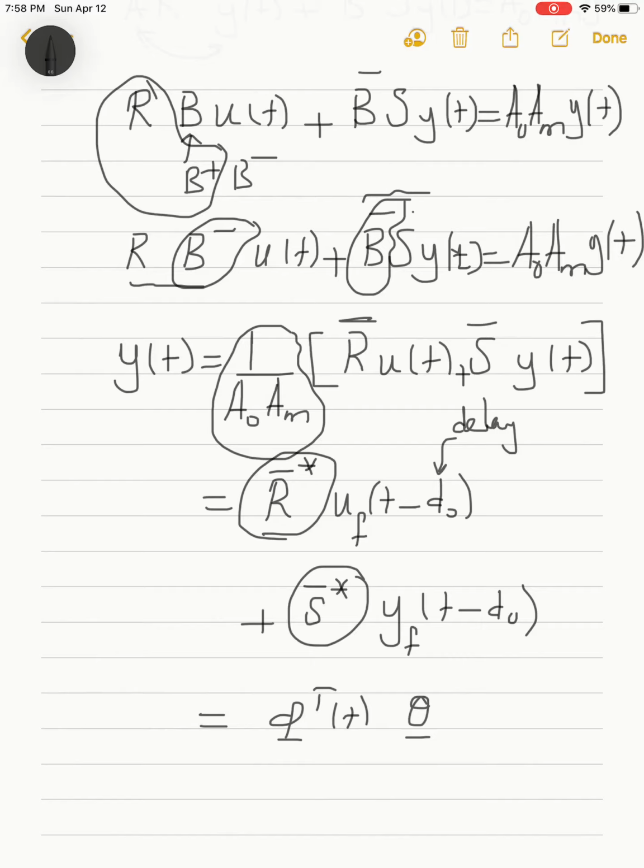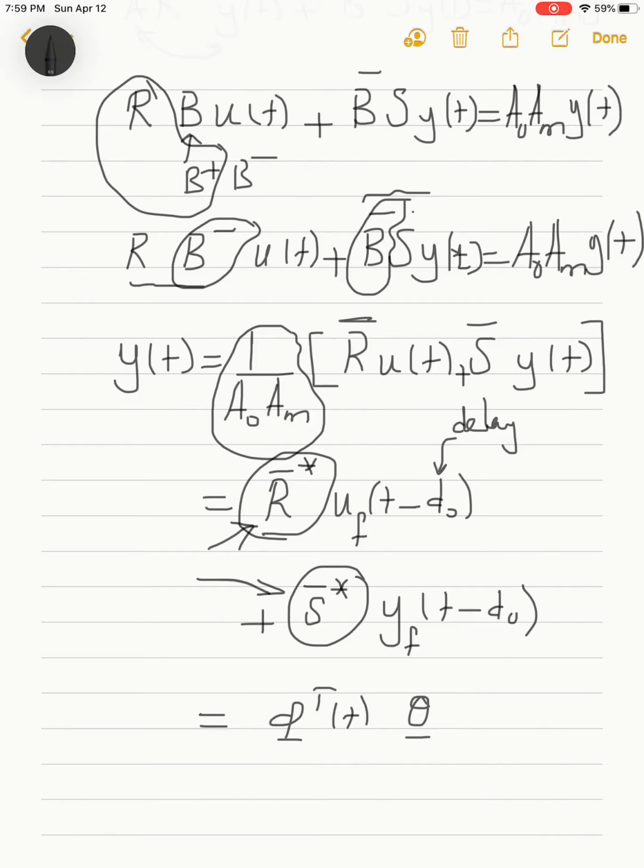So this is the basic difference between the two cases. Here, in case of not cancelling some of the process zeros, these zeros that have not been cancelled will appear as common factors in the polynomials R and S. So there should be an intermediate step to cancel them out before we conclude the actual parameters that can be used in implementing the controller.